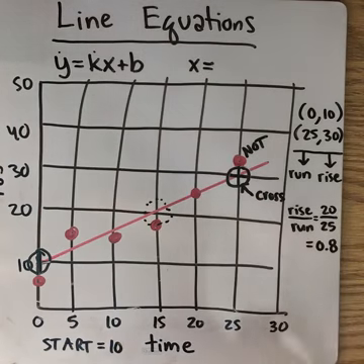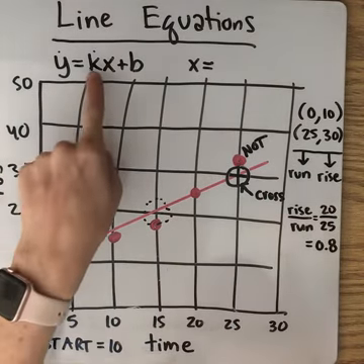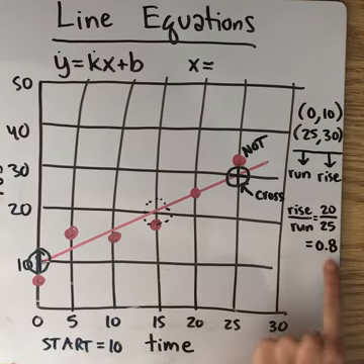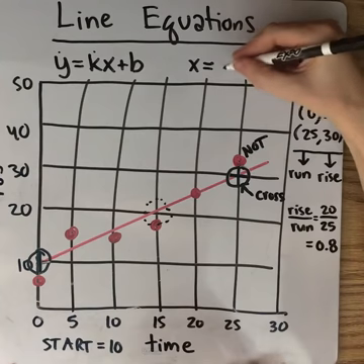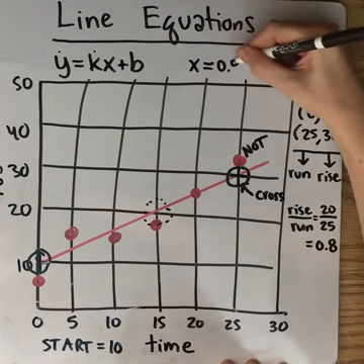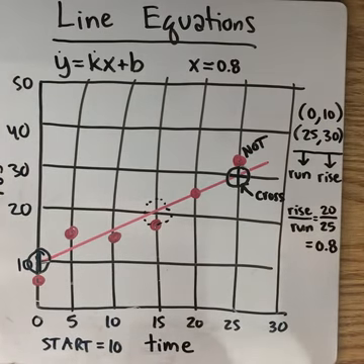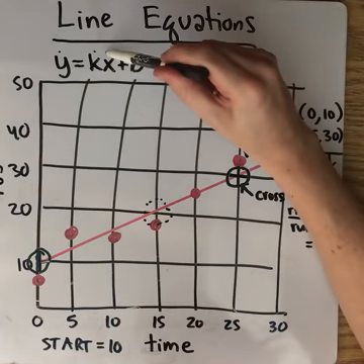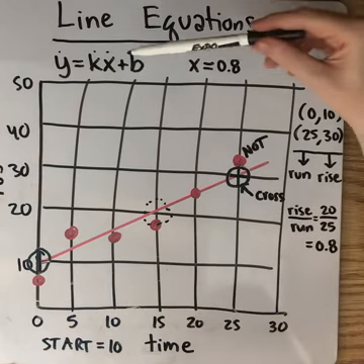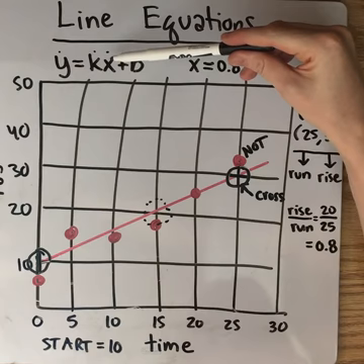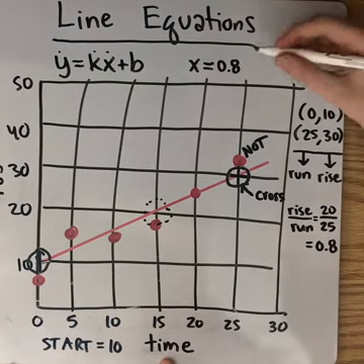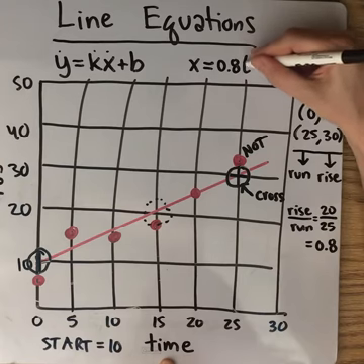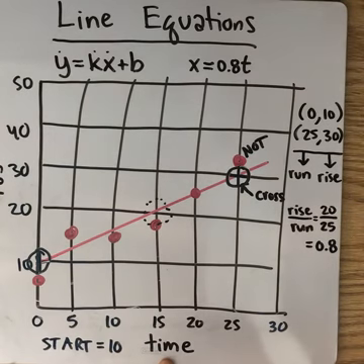Now we've come to the letter k. The constant is the slope that we calculated. I know that in this graph, the constant was 0.8. Next, we come to the letter x. What was on the x-axis for this graph? I come down, it was time. We abbreviate time with the letter t.